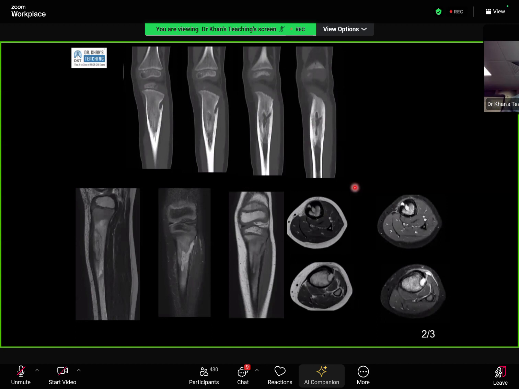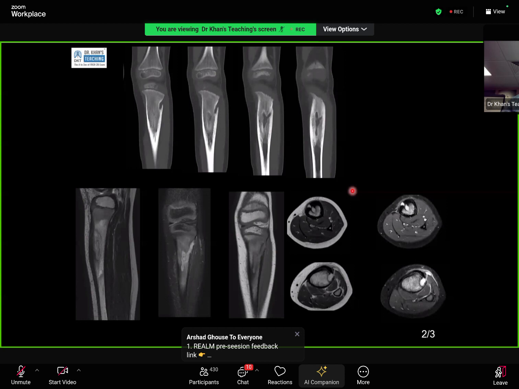Okay, on CT scan, I can see a central lucent lesion with surrounding bony sclerosis and a defect coursing cranially, so in keeping with cloaca.